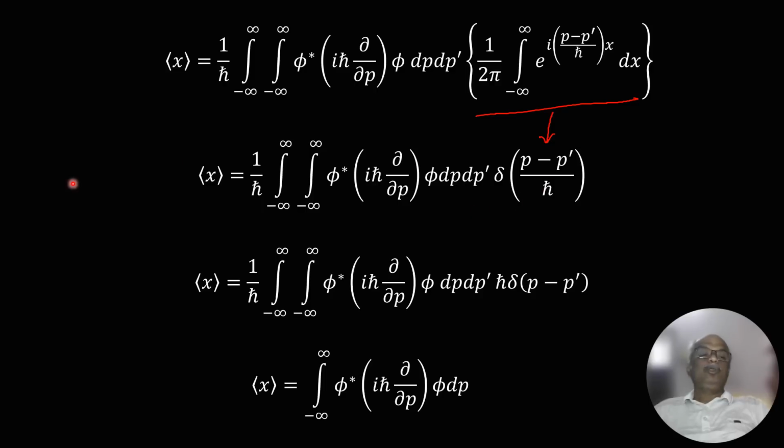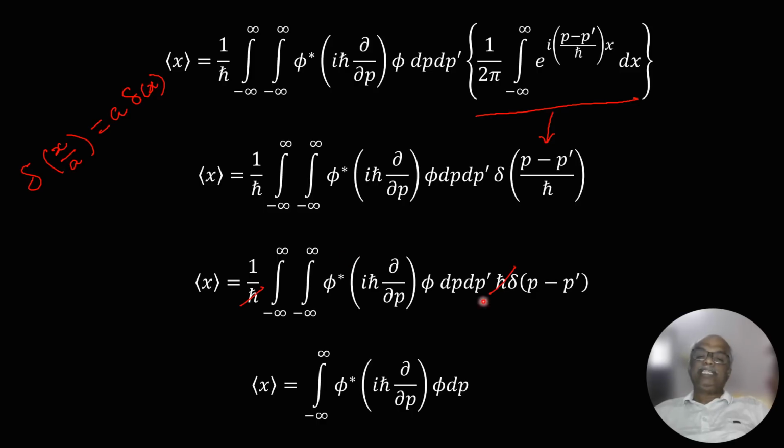So now using the delta function property, delta of x by a, where x is a variable and a is a constant, is equal to a delta x. This is one of the important properties of the delta function. Using that, I am bringing this h cross into the numerator. Now h cross and this h cross will get cancelled.